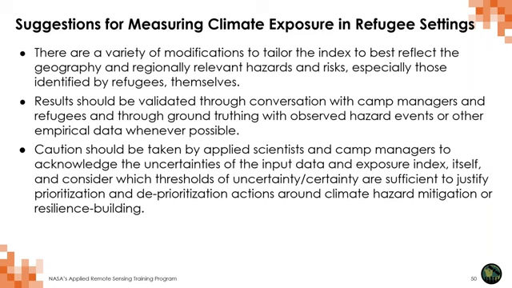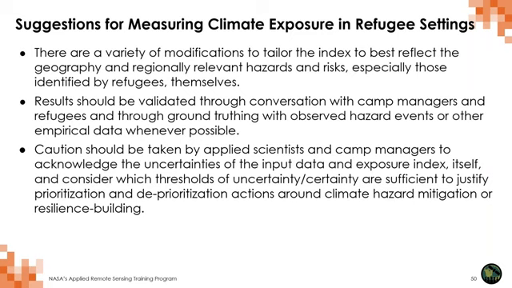We also want to make sure that we validate our results through conversations with camp managers and refugees again, and ensure that we have some level of ground truthing with observed hazard events and other empirical data if possible. And the final piece that we'd like to re-emphasize, that Andrew was speaking to, is that we should really take caution as applied scientists to acknowledge the uncertainties in the input data and the exposure index itself.